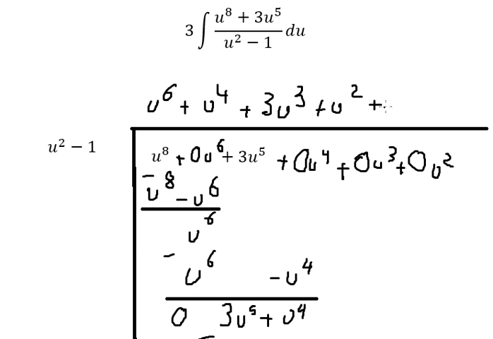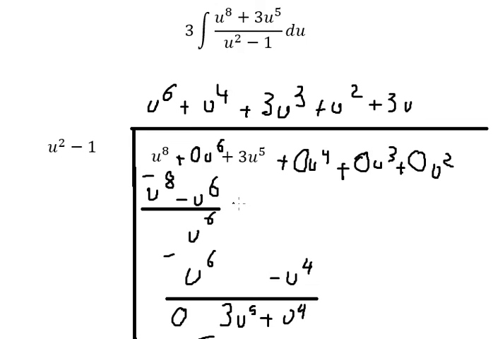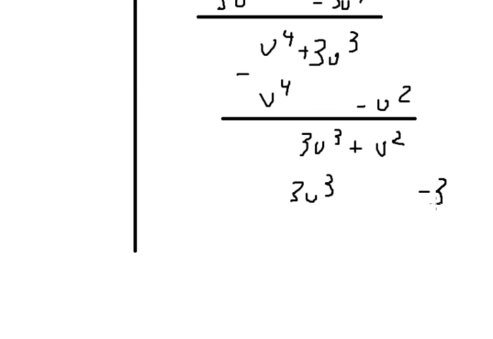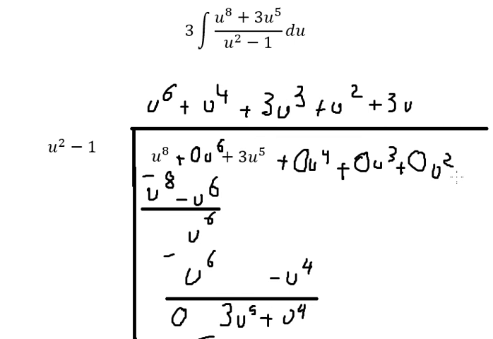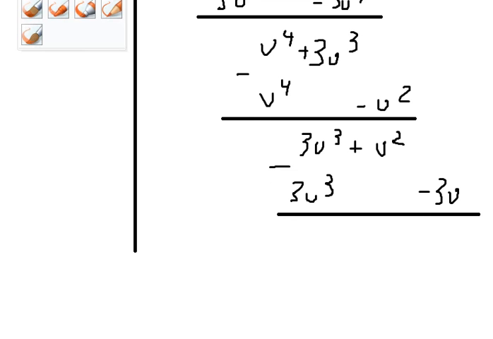So the next one, that should be 3u. 3u with u square, we have 3u to the power of 3. 3u with negative number 1, so that's negative 3u. Because we don't have u in here, so we put 0u. This one, two equations, they subtract together. Negative with negative, we have positive 3u. And u square we put in here.